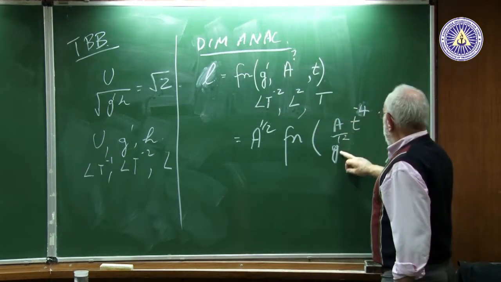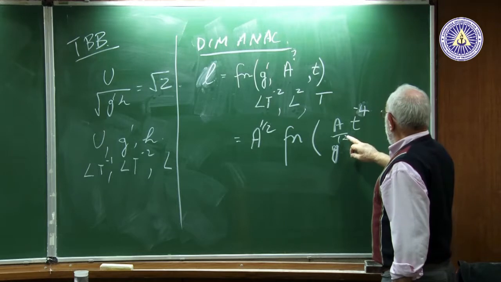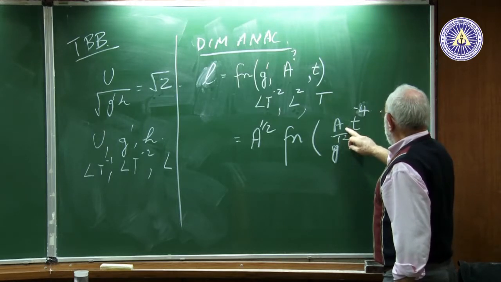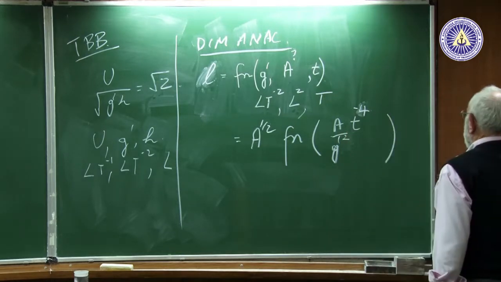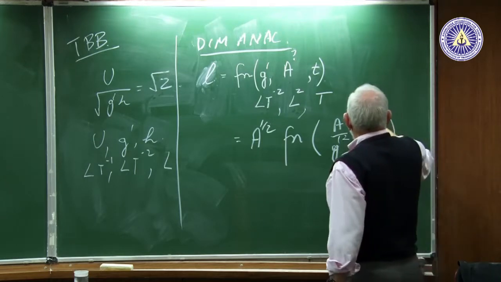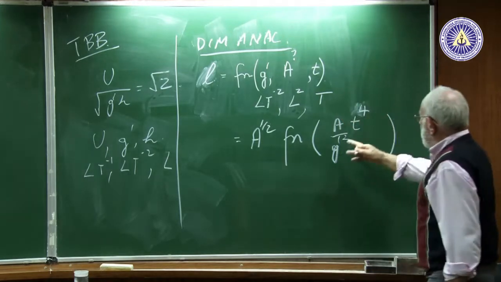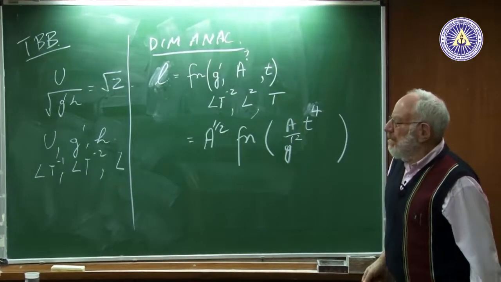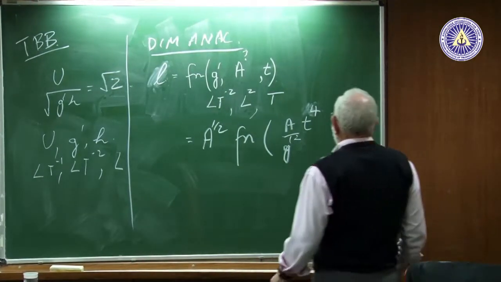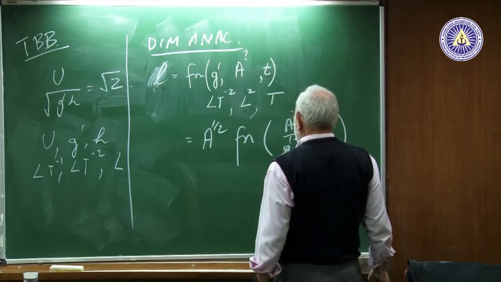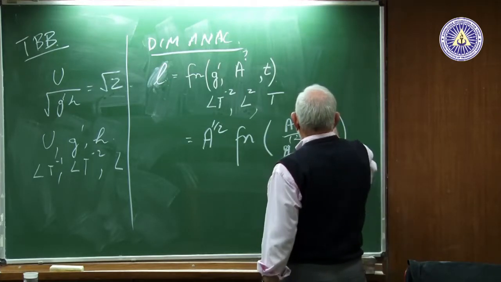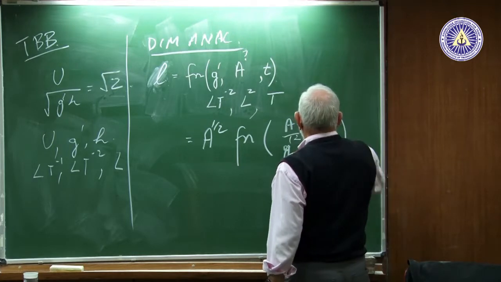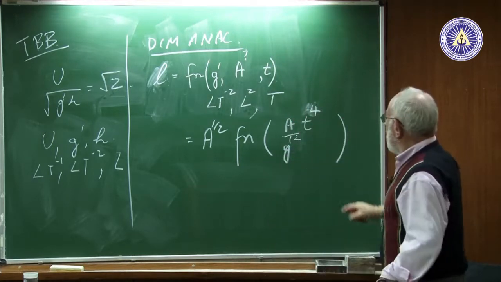L squared T minus 4. No, it's T to the 4th. Okay, that's non-dimensional, right? I think so. Minus 4 was right. Sorry? Minus 4 was correct. Yeah, it is correct. You're dead right.